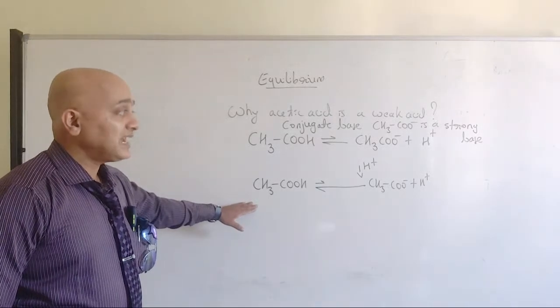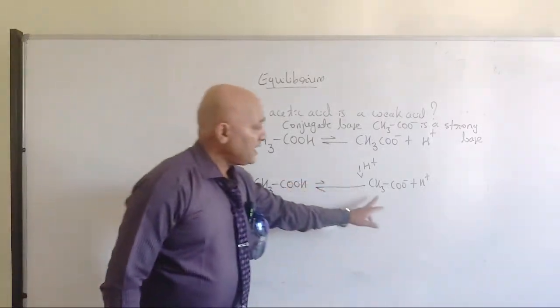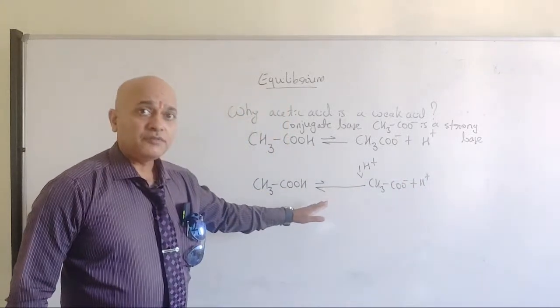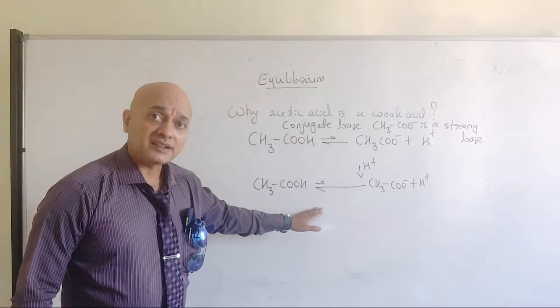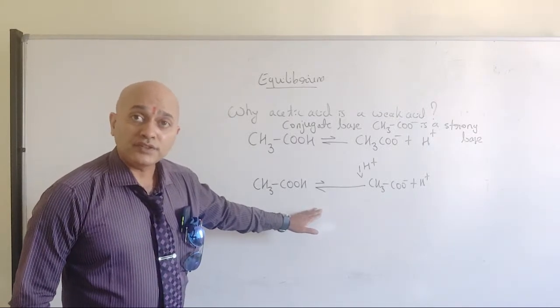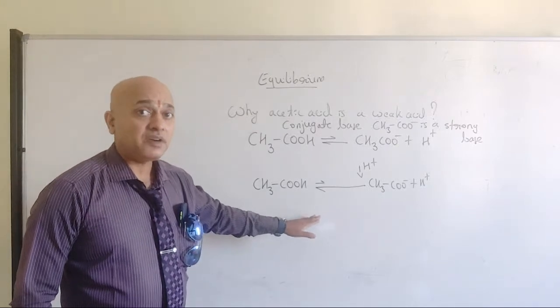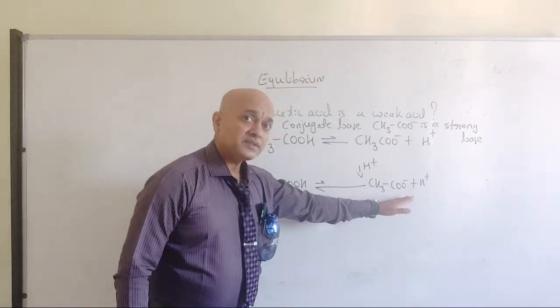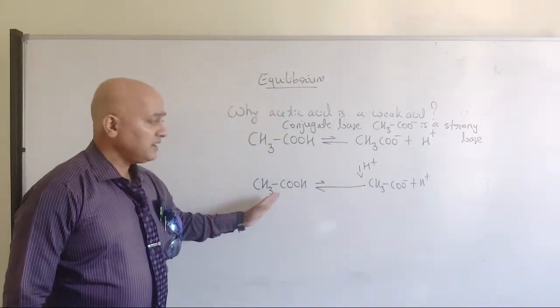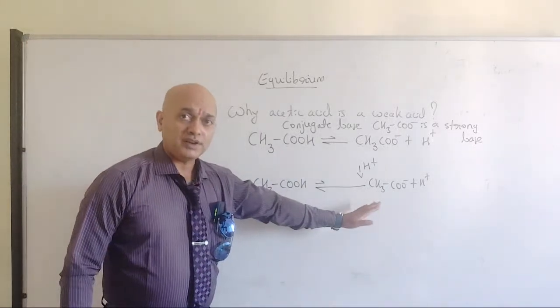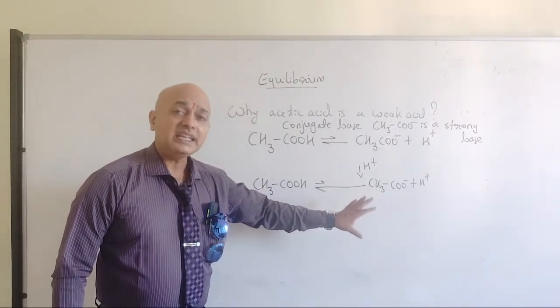Fine? Since we are dealing with ions here, it is the same thing we studied with respect to factors affecting the equilibrium, where one of the factors is concentration. I told you then that if you add any of the product, the reaction will go leftward, and if you add any extra reactant, the reaction will go forward. The same logic is applicable here also.